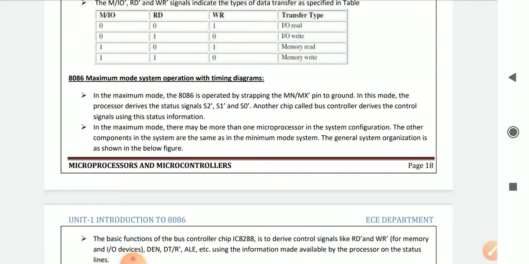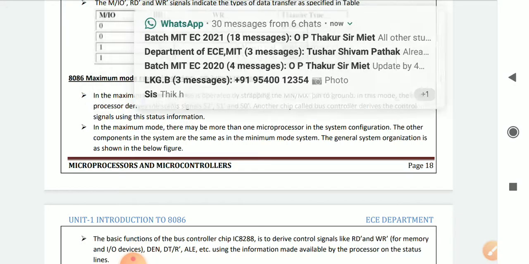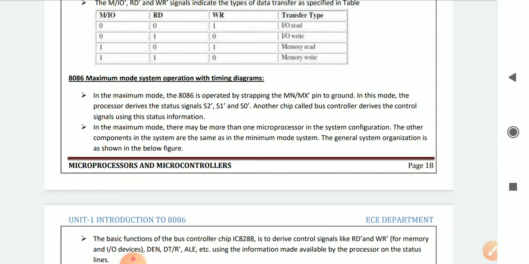Maximum mode system operation with timing diagram. In maximum mode, 8086 is operated by deciding the MN/MX bar pin. Okay, if this pin is grounded, it means it is operating in maximum mode.